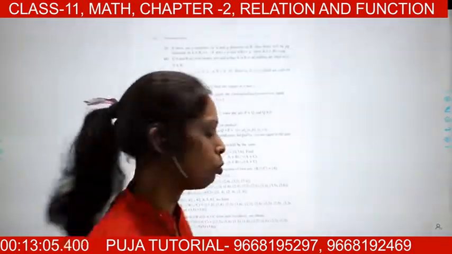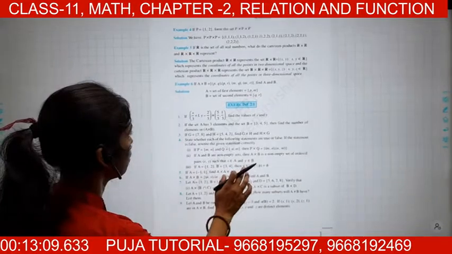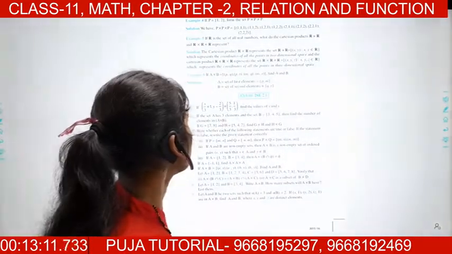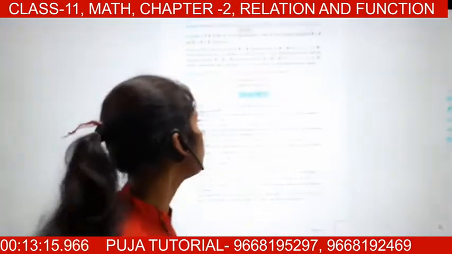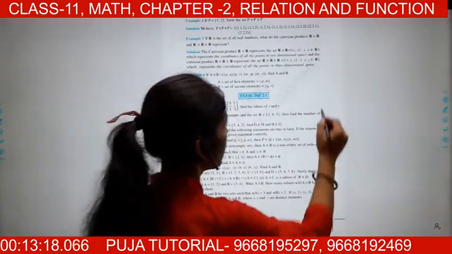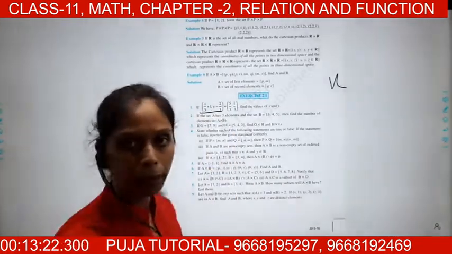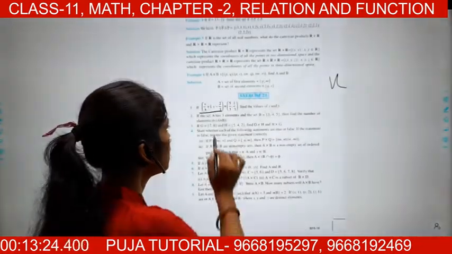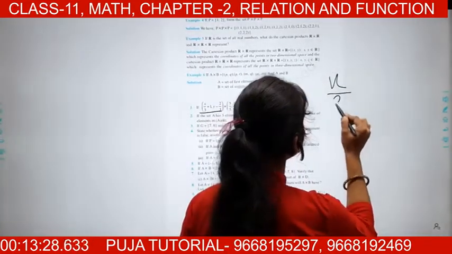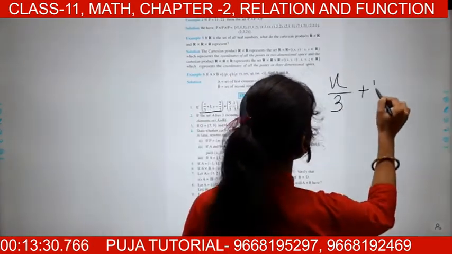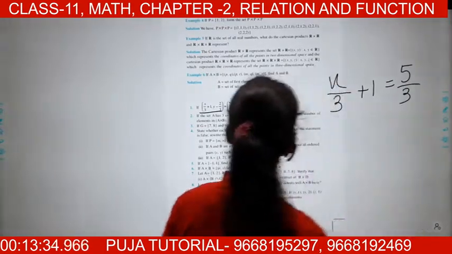Exercise 2.1. What is given here? If x by 3 plus 1, where the pair is an ordered pair, it is very clear, then first belongs to first. Then x by 3 plus 1 is equal to 5 by 3.